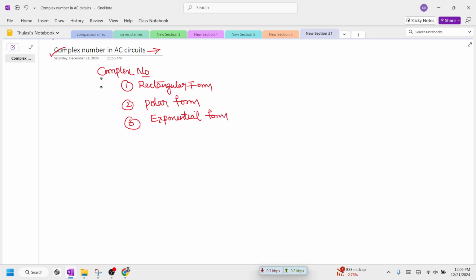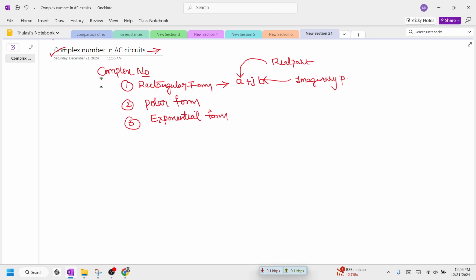In rectangular form, we write this as a plus jb, where a is called the real part of the complex number and b is called the imaginary part.